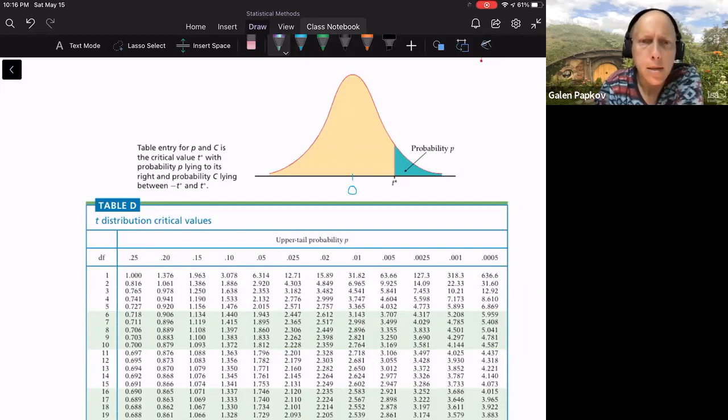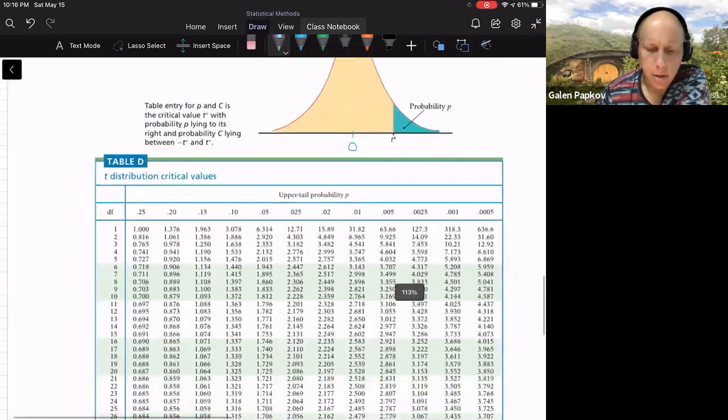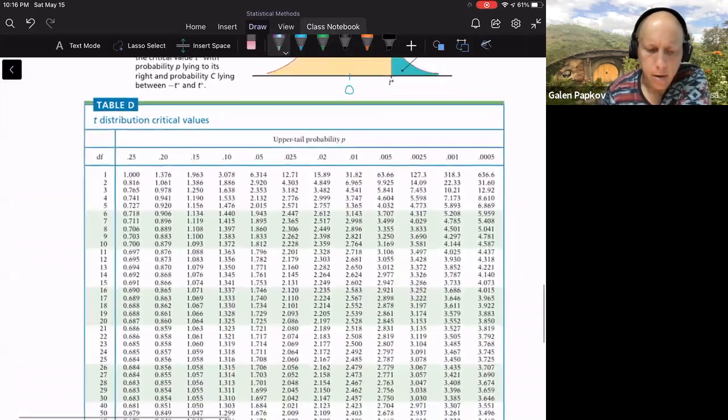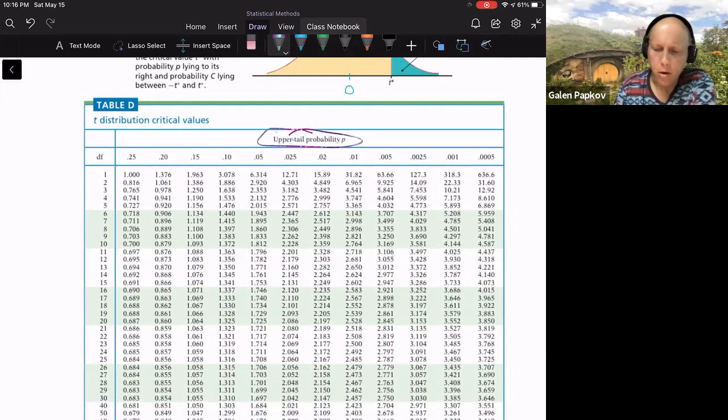Something else that is different is the composition of the table itself. The probabilities, according to this title up here, are just this line, that top row. The first column has this DF notation, which is your degrees of freedom.